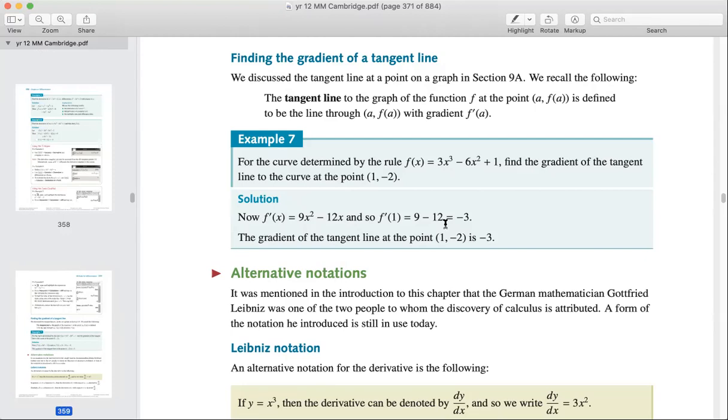And the next one is gradient equals tangent theta. And then the tangent line gradient equals dy over dx. So essentially, if a question is asking us to find the gradient of the tangent line, we have three methods to use. Okay, make sure you can connect them because this is pretty important and will be tested in the final exam.